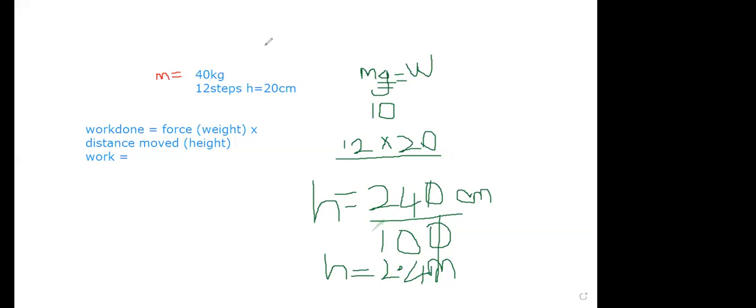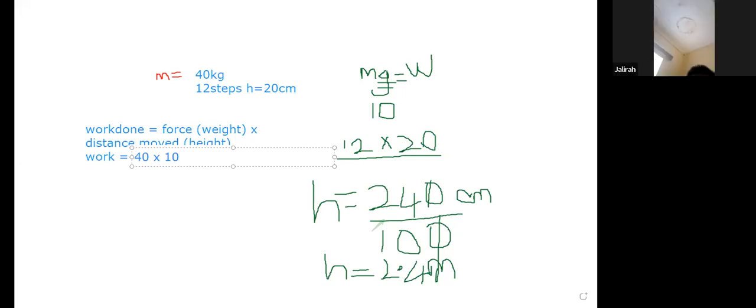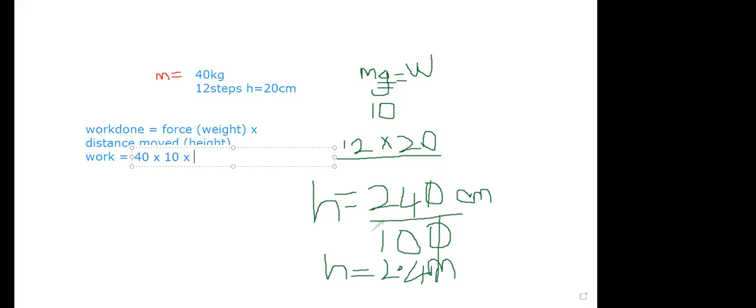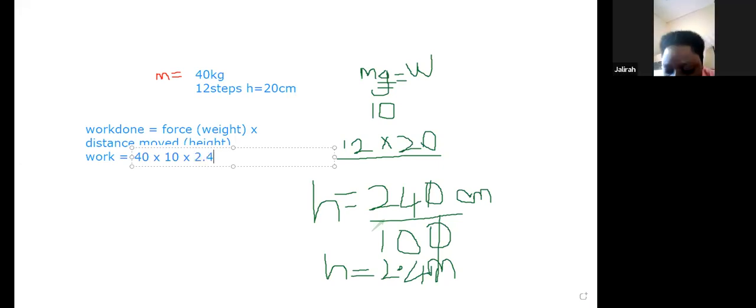That means that to get the work done here, I'm going to use my mass as 40 kilograms. I multiply by 10, which is the acceleration due to gravity. So in other words, that one that I've got is the weight. Then after getting that weight, I multiply with my distance h, which is 2.4.